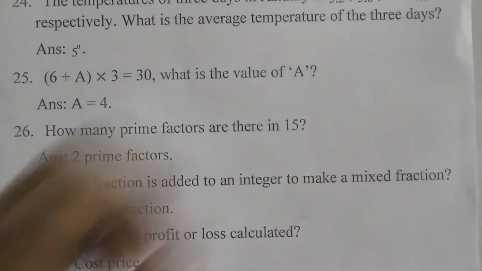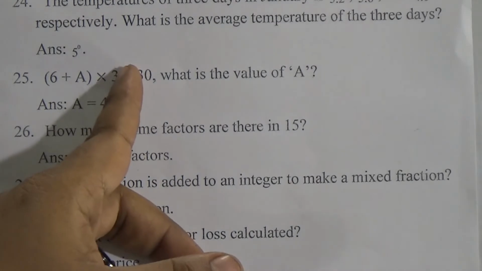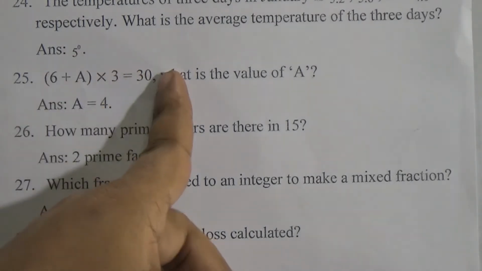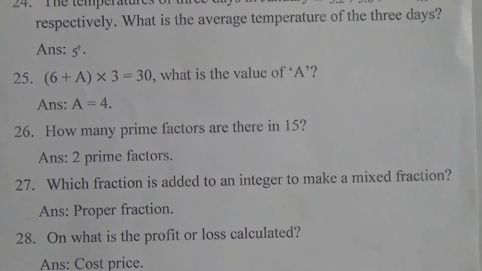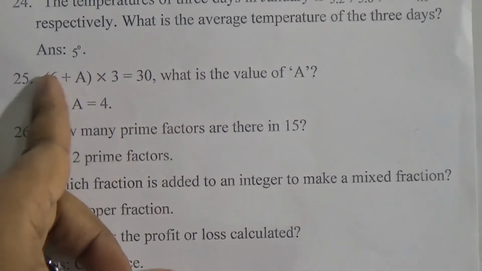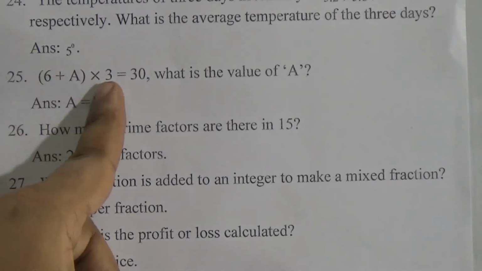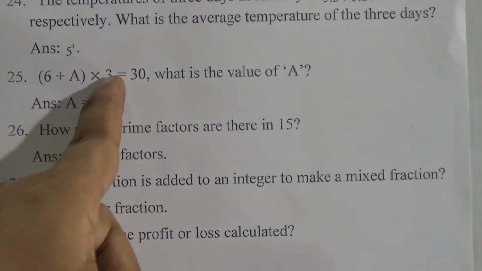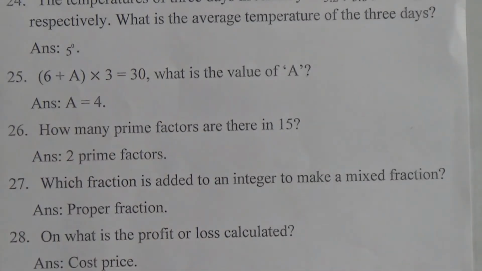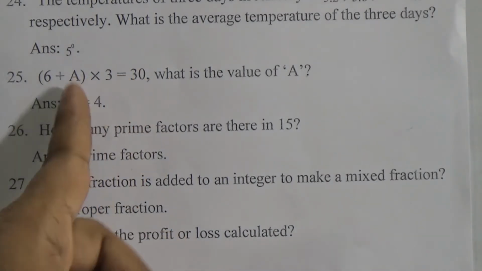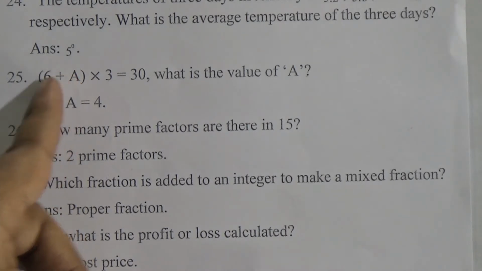Next, 6 plus a multiplied by 3 equals 30. What is the value of a? We know the equal sign means the left hand side and right hand side must both be equal. Here the right hand side is 30, so the left hand side must be 30. Which number is multiplied by 3 to get 30? That number is 10. 10 threes are 30, but here in 10, 6 is given.